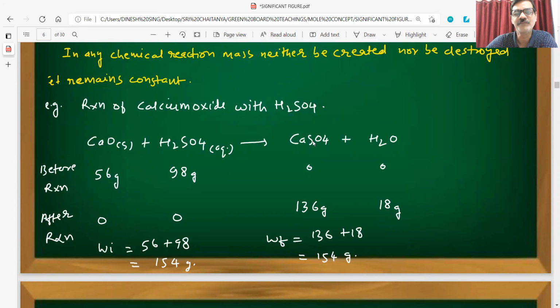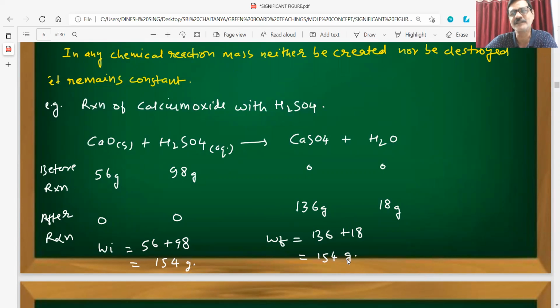So the sum of these two masses, 136 plus 18, will be equal to how much? 154 gram. So mass is conserved. Whatever 154 gram we have taken initially, the same amount of mass is formed after completion of the reaction.